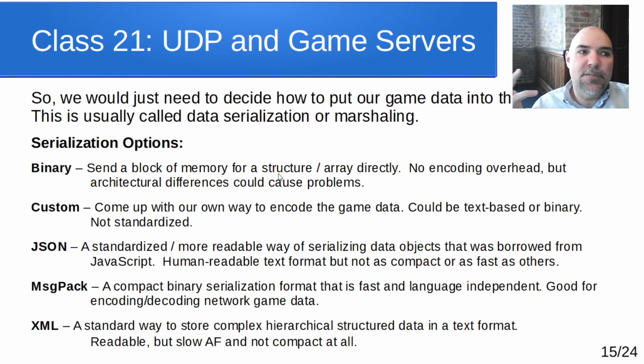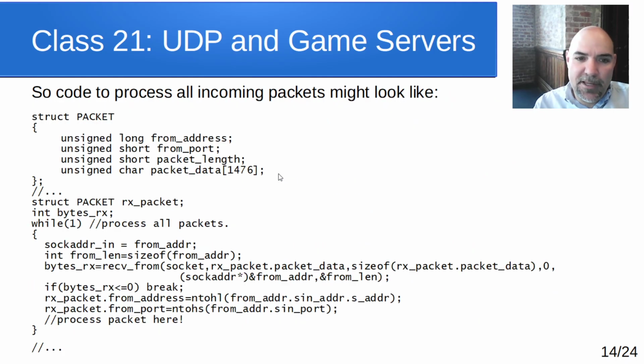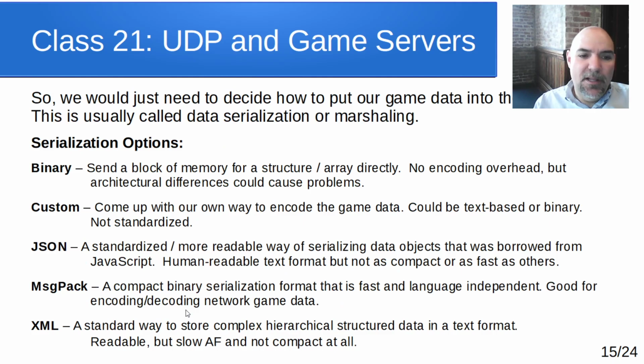So you'd have to write some code that handles that. And we're kind of doing that back here. Remember where we have this network to host short function that we're calling? That's what that function is doing, making sure things are in the right byte order.